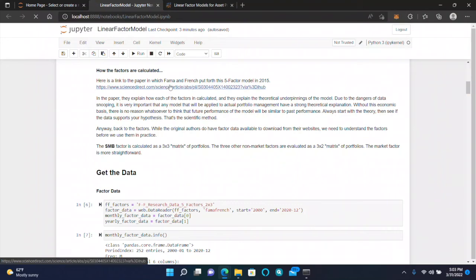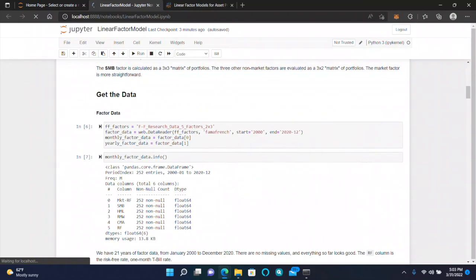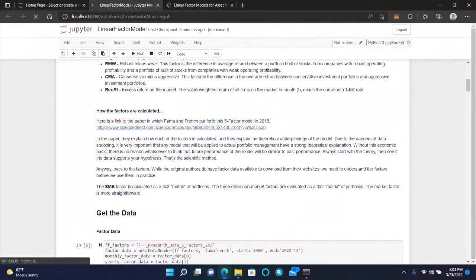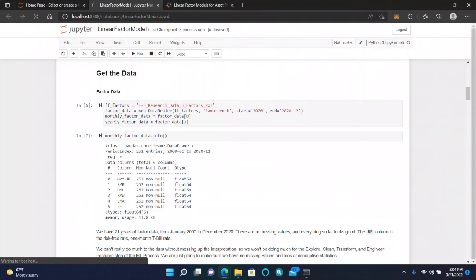It is by Fama and French, published in 2015, and you can read all of this. There's more to how the factors are actually calculated, and you should definitely go through all of this and read both French's website and their paper, and learn more about how this works.